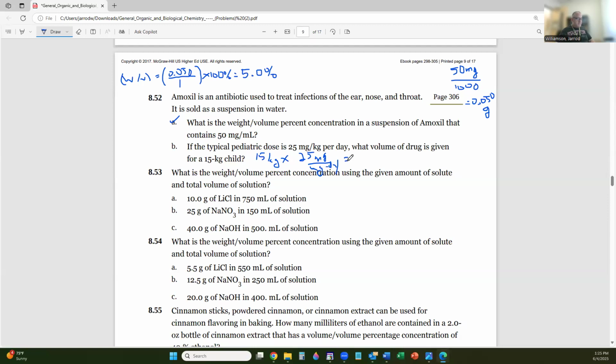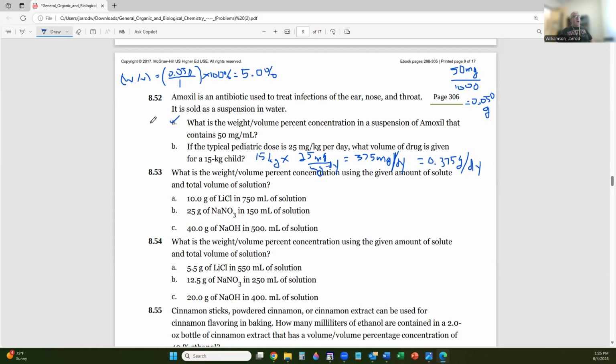That's going to give us 375 milligrams per day, which is 0.375 grams per day.